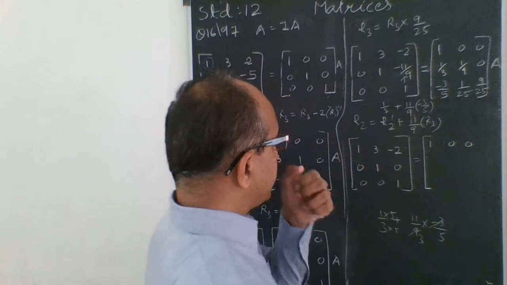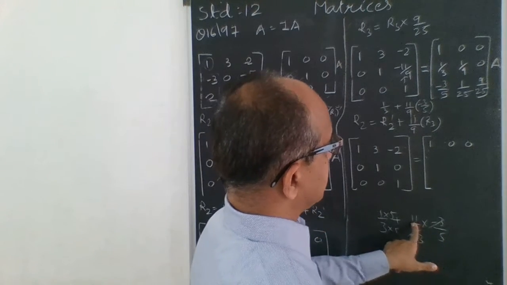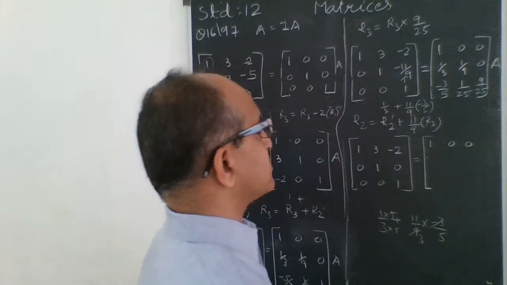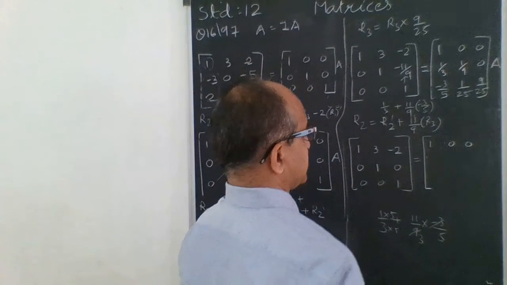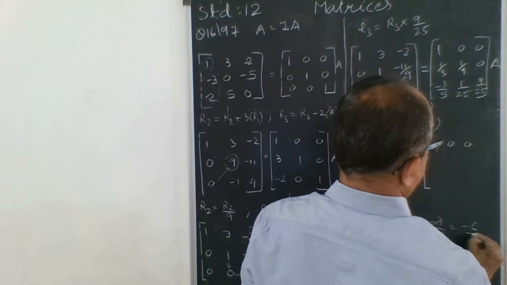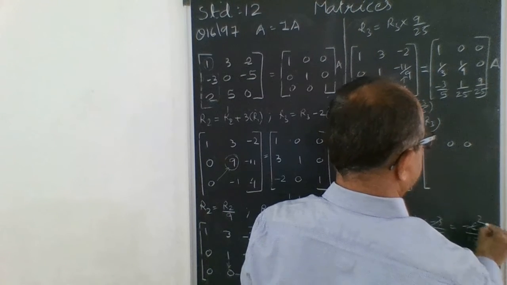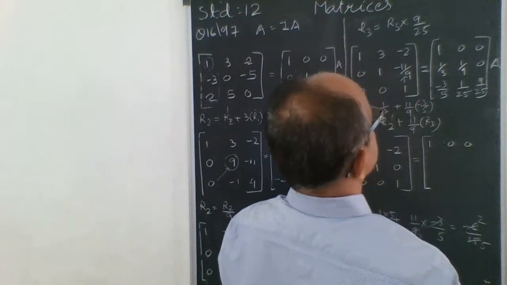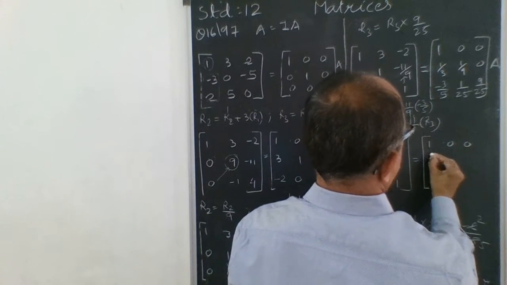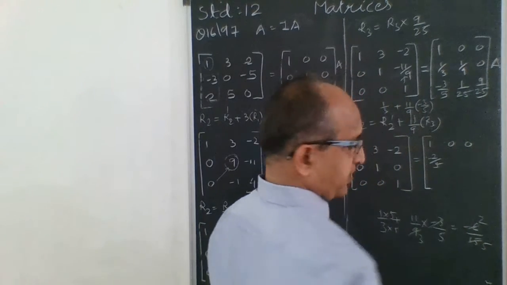So what we are getting here? Minus 11 plus 5, that is minus 6 upon 15. And minus 6 upon 15 means 3 2s are 6, 3 5s are 15. So minus 2 upon 5. So what we are getting here? Minus 2 upon 5.